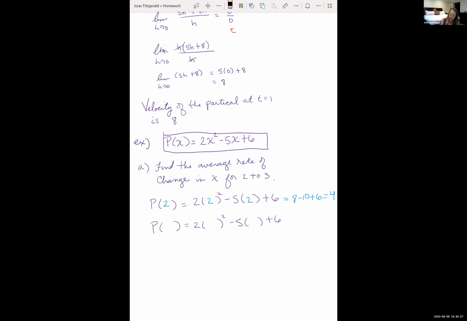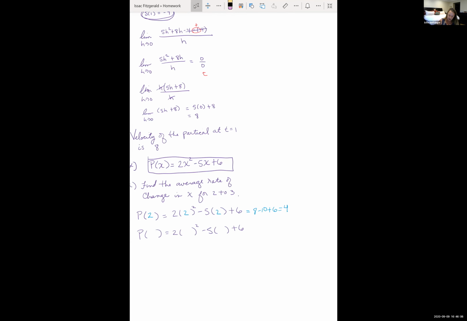Now we want to look at P of 3. So we know we have a point at 2, 4. Plug in 3 wherever you see an x in P of x.